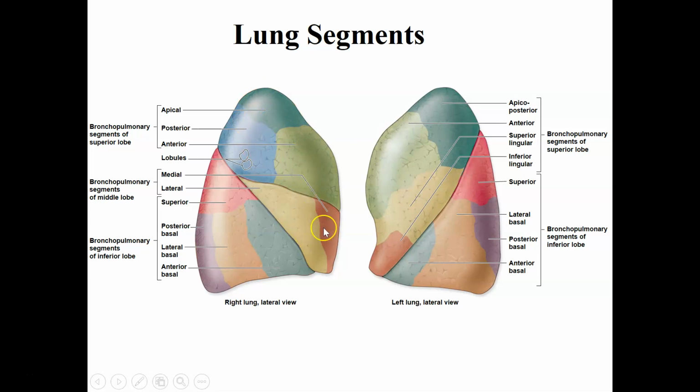That's true also for the other lobes as well. The segments can be further subdivided into what are called lobules. So there's basically a hierarchy of sectoring of lung chambers from the lung itself to the lobes, to the segments, to the lobules.